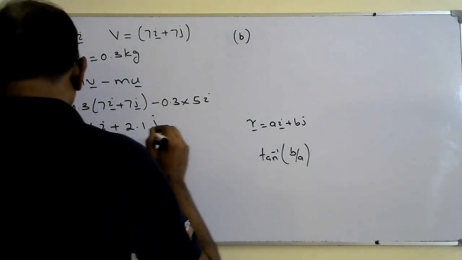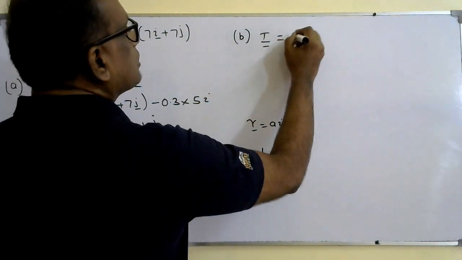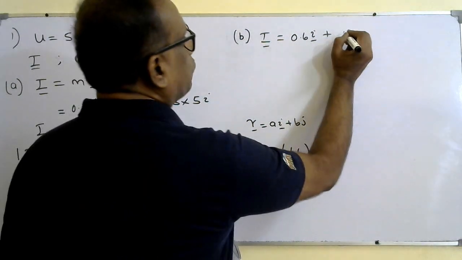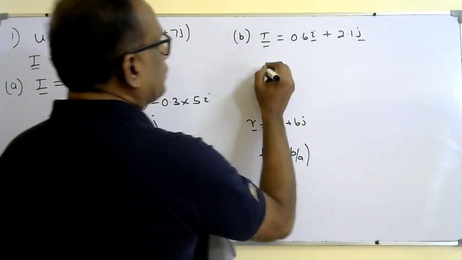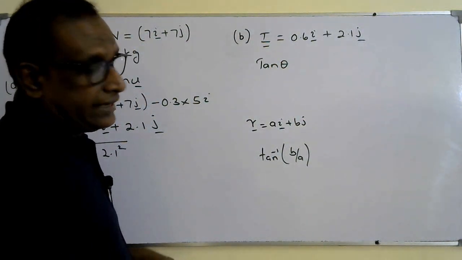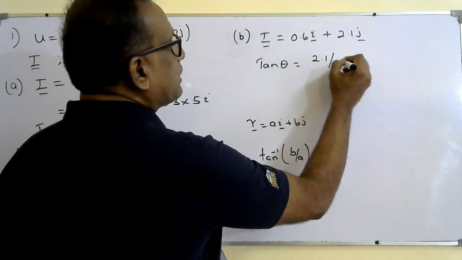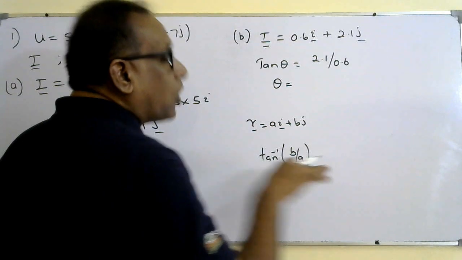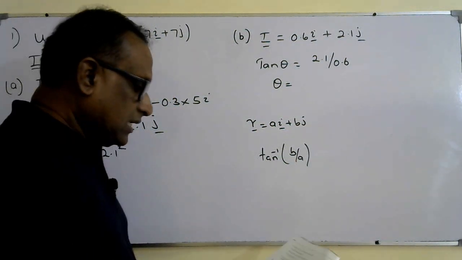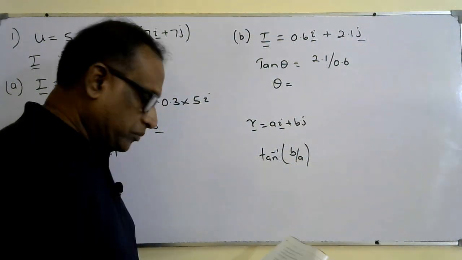The same way, we found the impulse vector 0.6i plus 2.1j. So tan theta with the horizontal, or with the positive i direction, is equal to 2.1 over 0.6. So theta is tan inverse of 2.1 over 0.6.